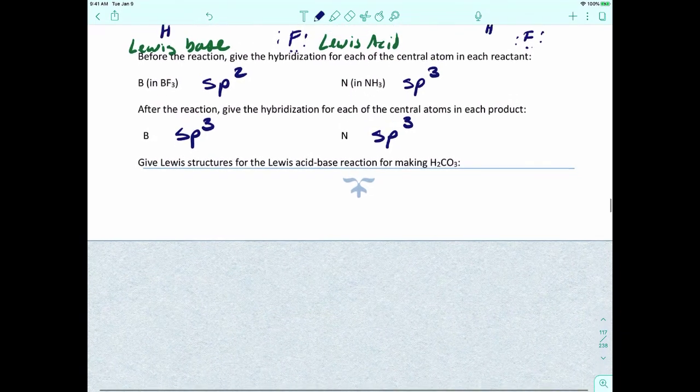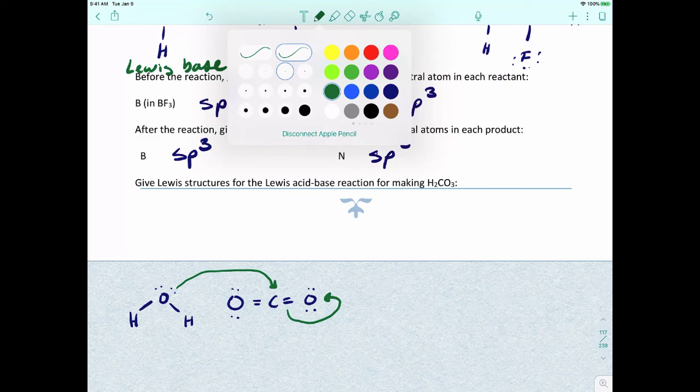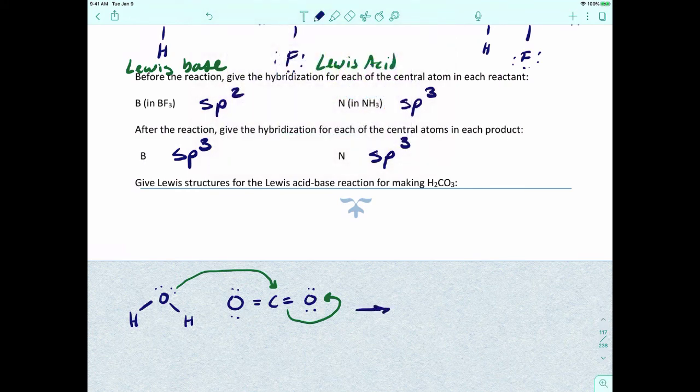Another type of reaction, what if we looked at water and carbon dioxide? So here's a water molecule, and here's carbon dioxide. Using a pair of electrons from the oxygen of water, it's going to come in and attack the carbon, and carbon is going to break one of its double bonds with another oxygen and give that pair of electrons to the oxygen. So you form a compound like this.